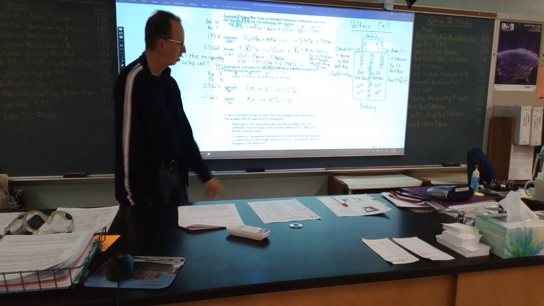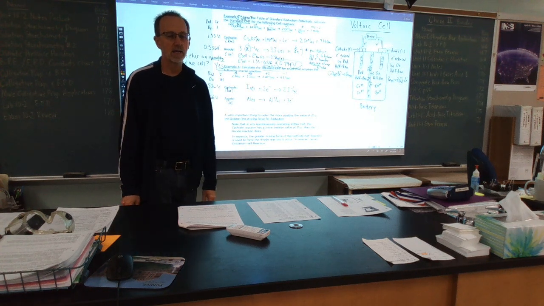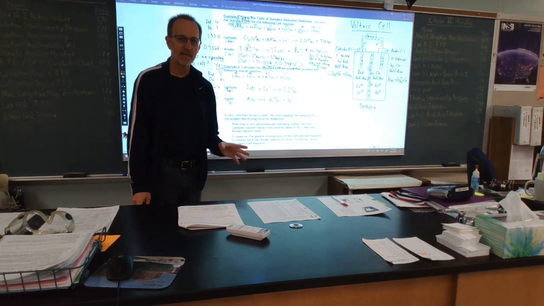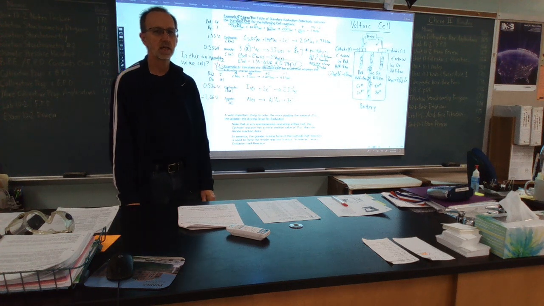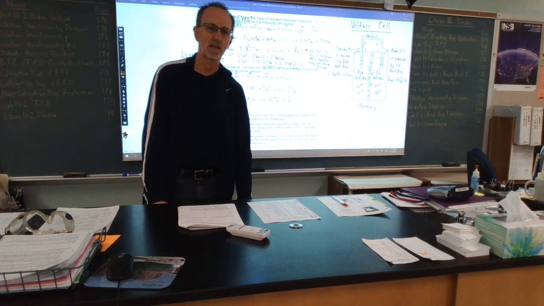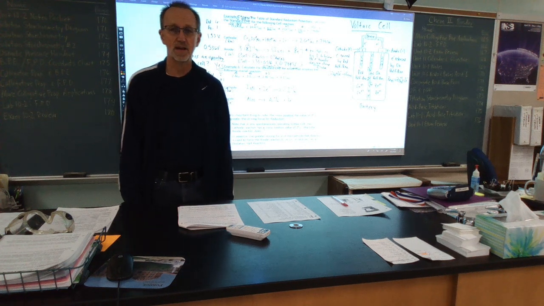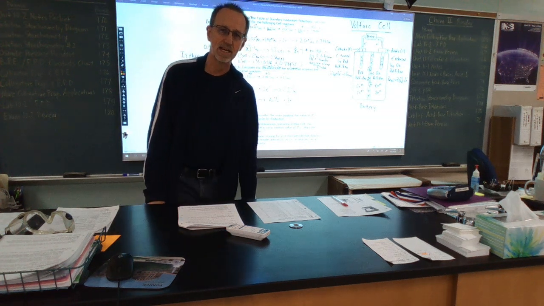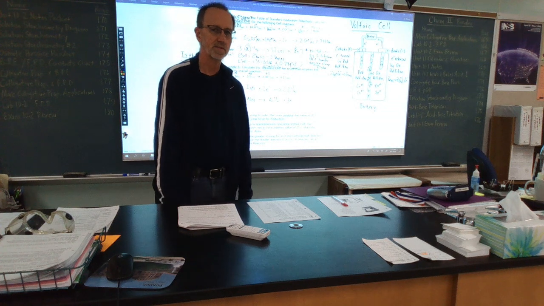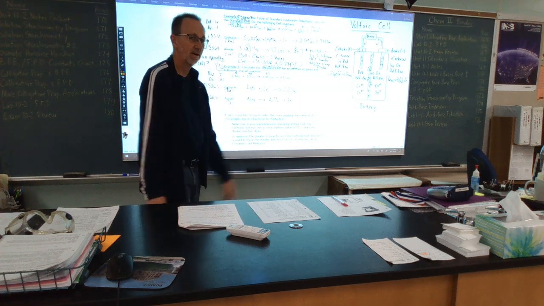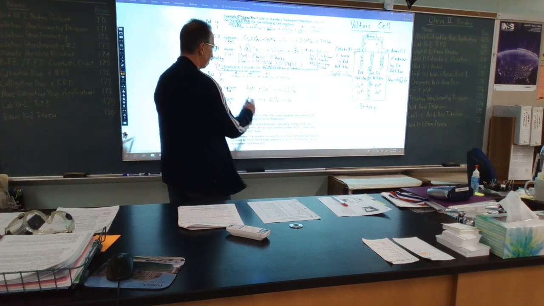Now, before we continue, I have to keep in mind the number of electrons transferred in a redox reaction must be the same. In other words, the electrons released at an oxidation half reaction and the electrons gained in the reduction half reaction must be equal. And as you can see here, they are not. So we're going to multiply.